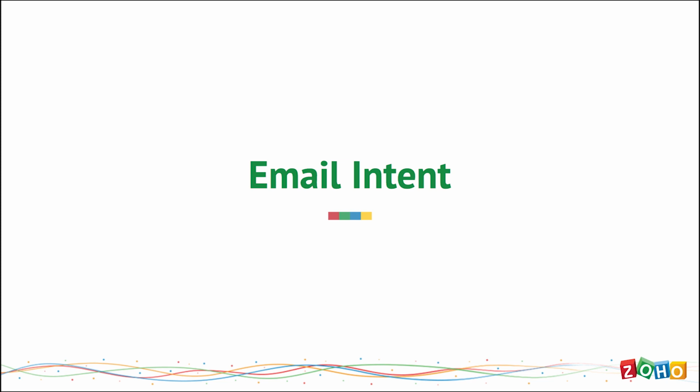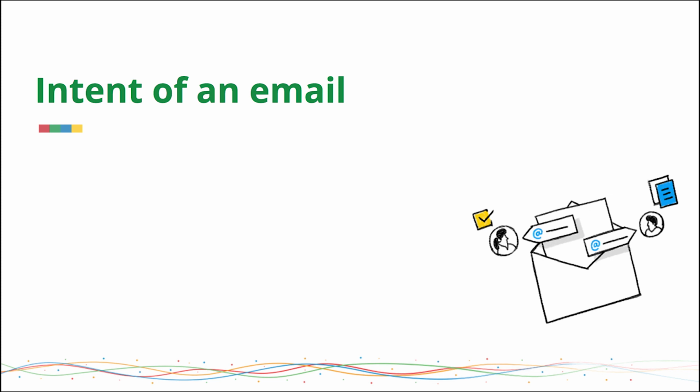Now, email intent. In a business organization, you get multiple emails and it is time consuming to prioritize them. Hence, here we are going to prioritize the emails based on their intent.